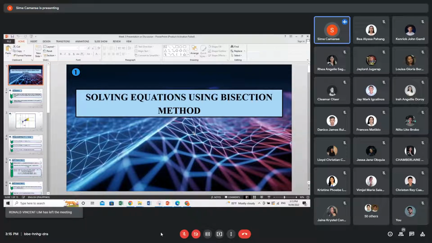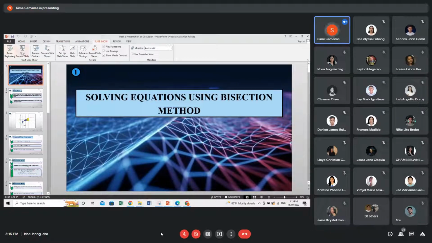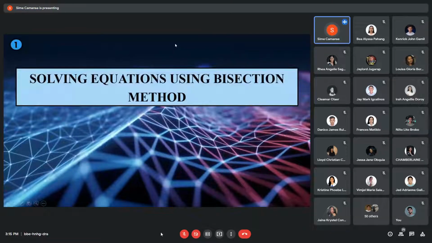We were now able to distinguish what is the analytical method and what is the numerical method. So now we will start doing the numerical method. The first topic is all about solving equations using bisection method.